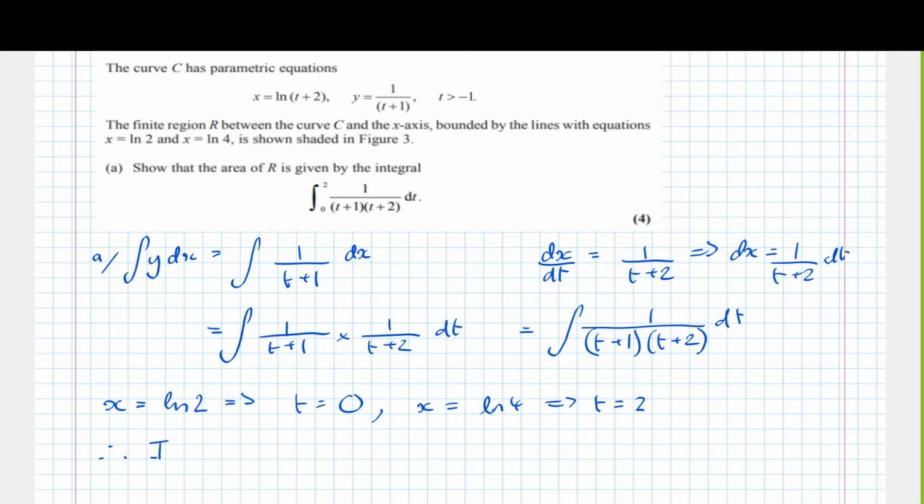Therefore, I equals, I for integral, just a typical letter used to say that which we were asked to integrate, is equal to 1 over t plus 1, t plus 2, dt between our two limits, which are 2 and 0 as required.